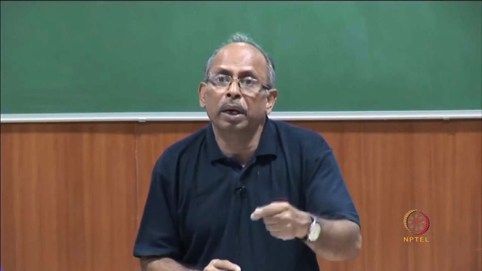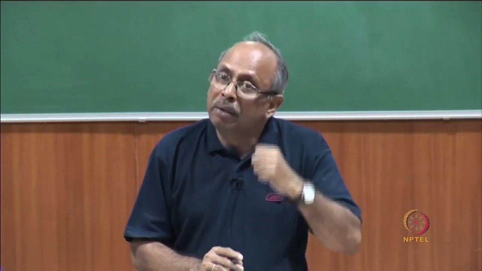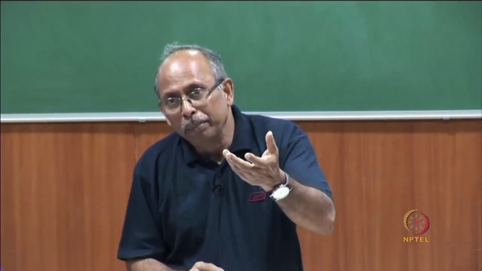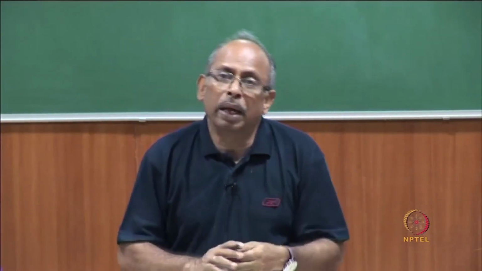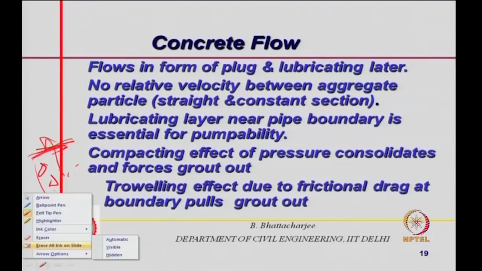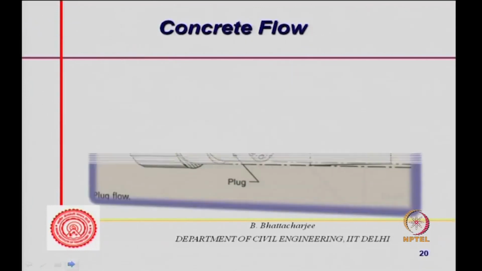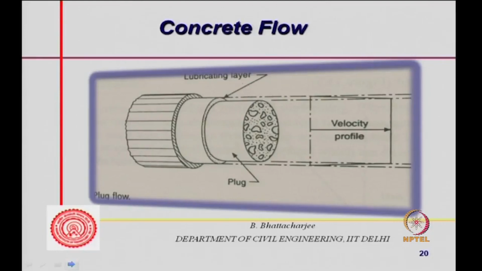If I have sufficient grout available in the system, it will go out to the pipe boundary and create that lubricating layer. So, velocity here has a reduction, but in this zone it is all constant.